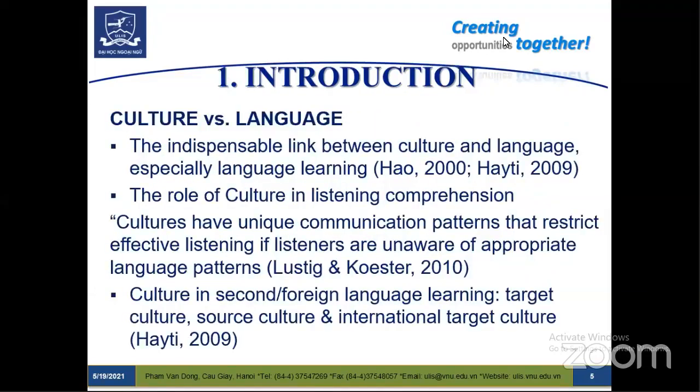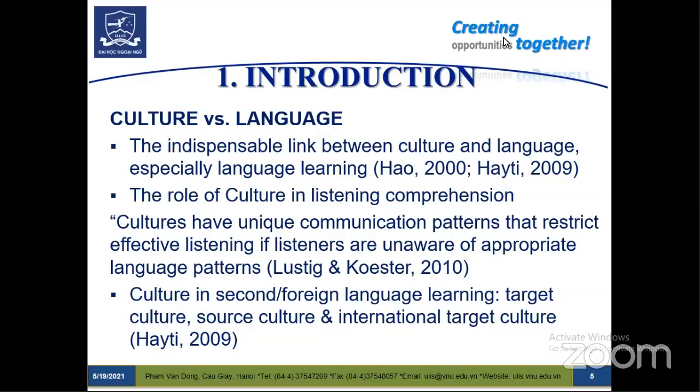Now I would like to talk about the relationship between cultures and language. As English teachers, we all know that there exists an indispensable link between culture and language learning. Basically, language can reflect the cultures of the people who speak that language.